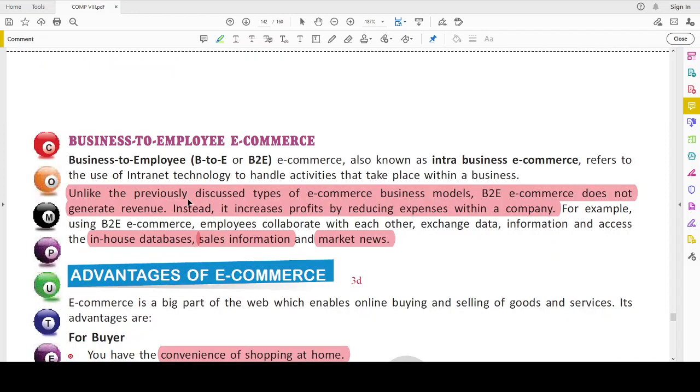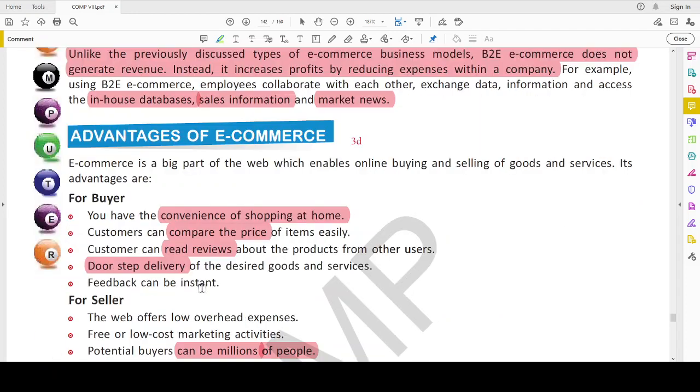Next is advantages of e-commerce. What are the advantages? Now, e-commerce is a big part of the web which enables online buying and selling of goods and services. For the buyer, the convenience of shopping at home.